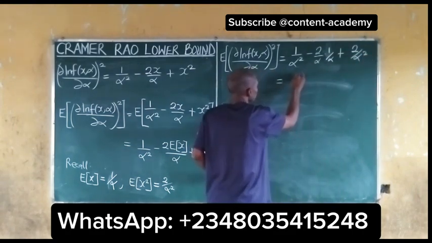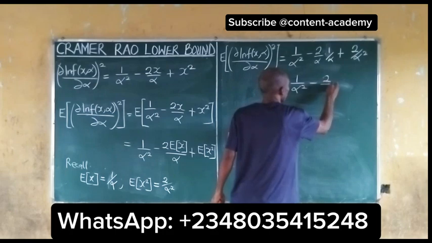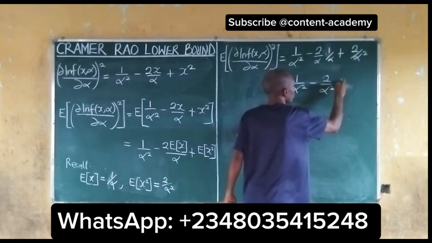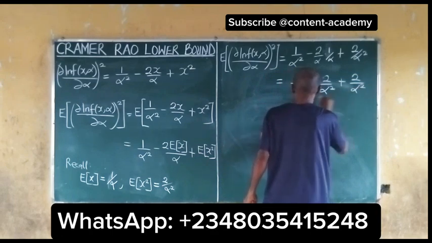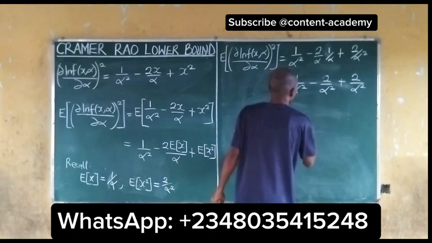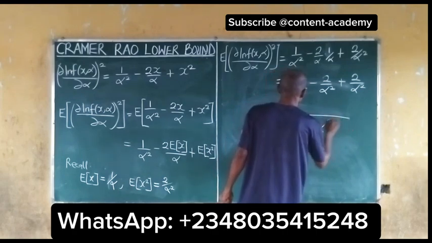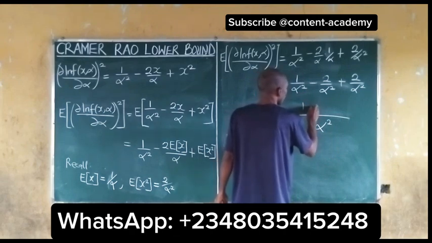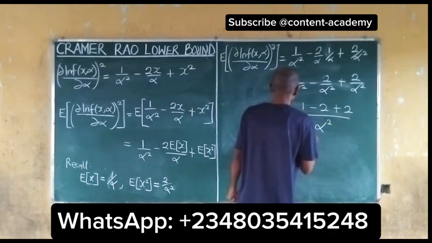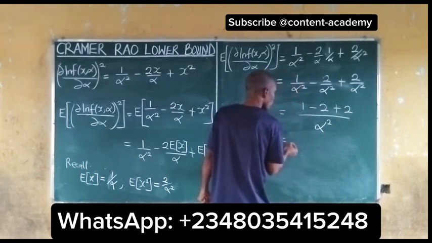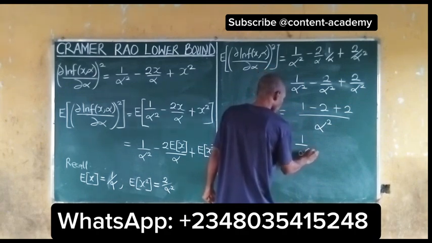So if you open this, we have 1 all over alpha squared minus 2 all over alpha squared plus 2 all over alpha squared. If you take the LCM here, we have alpha squared all over. This into this equals 1 minus 2 plus 2, which is also equal to 1 all over alpha squared.